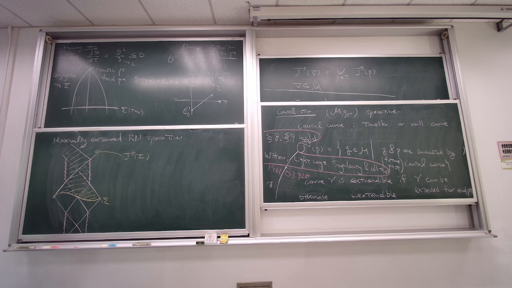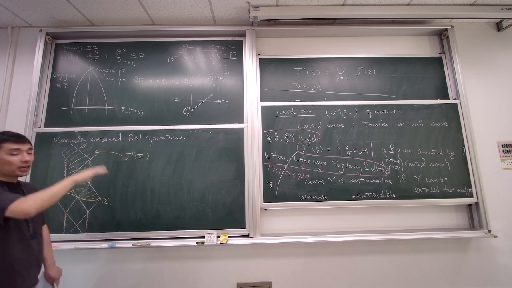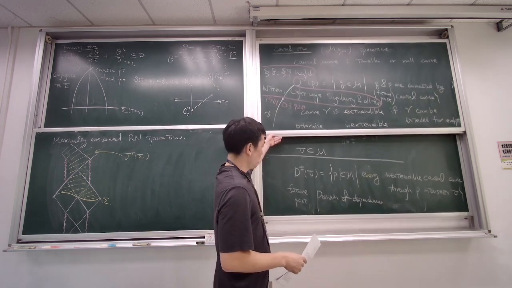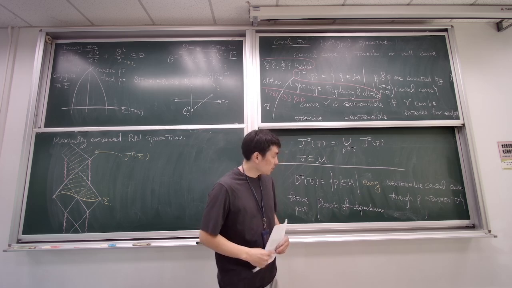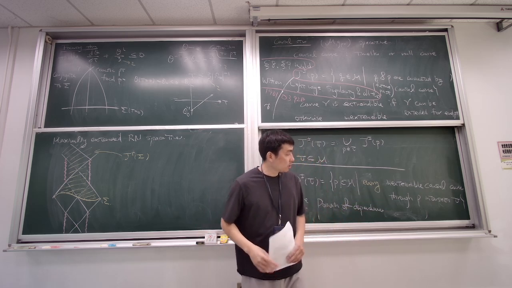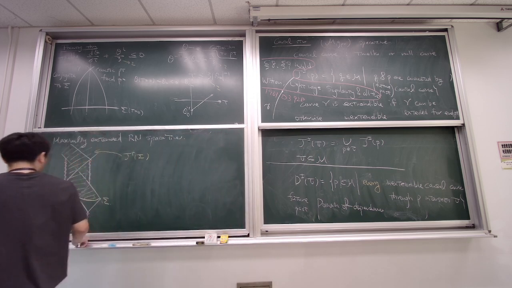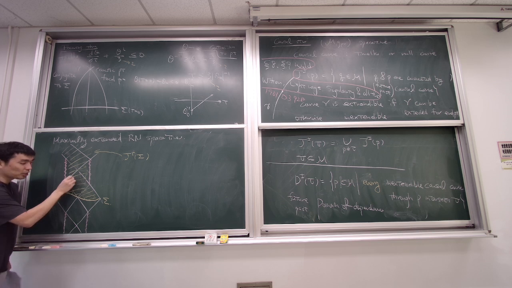On the other hand, J minus is similar. Now the future domain of dependence: every inextendable causal curve through P intersects U. Okay, every. Let's look at this point here.